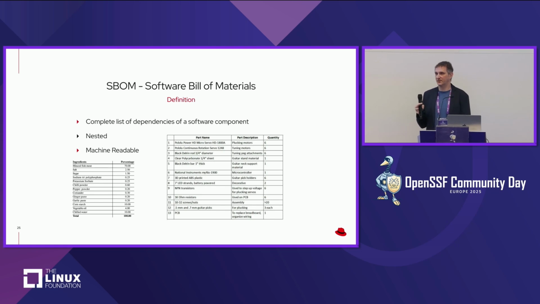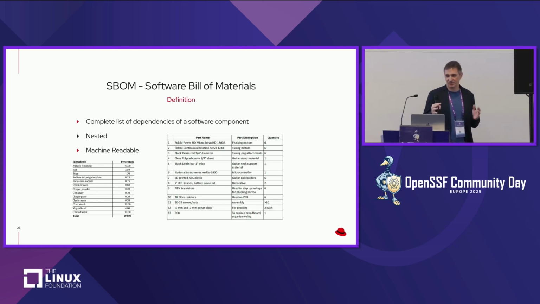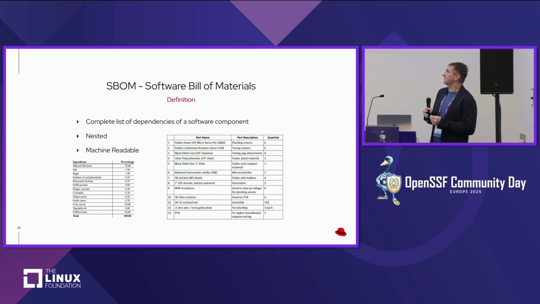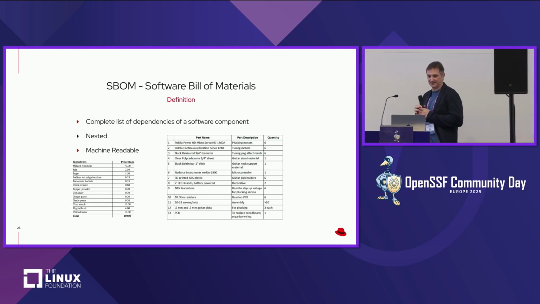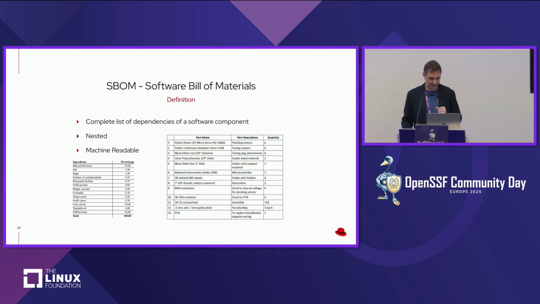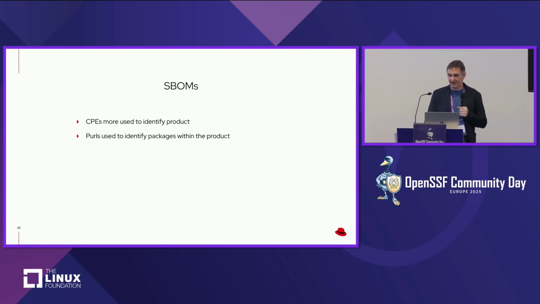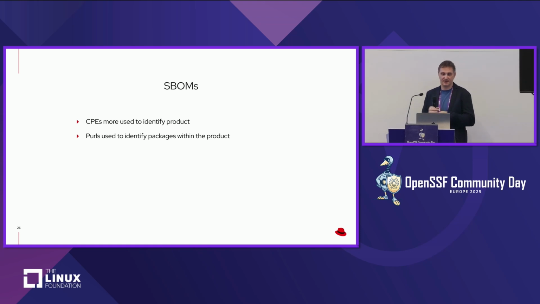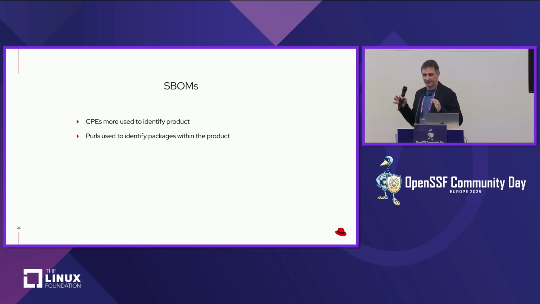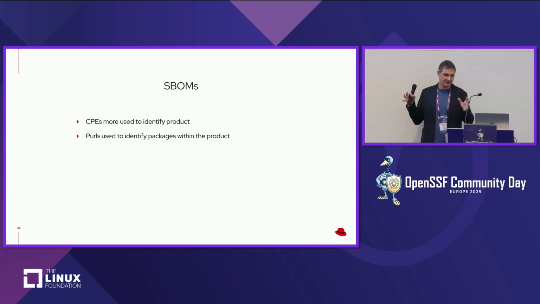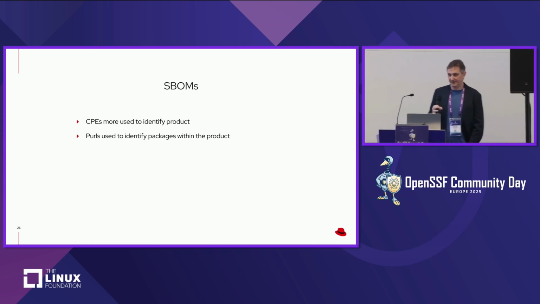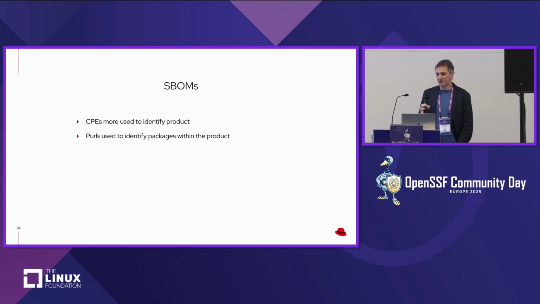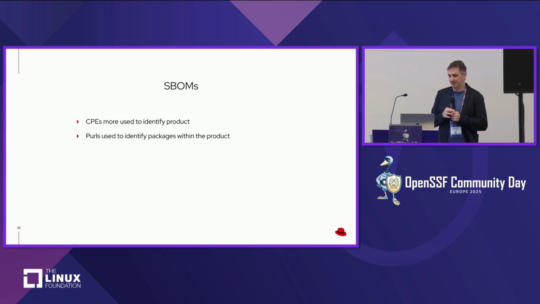I'm sure most of you are familiar with SBOMs, but it's just the idea to have a machine-readable format that we can specify all the dependencies that one software product contains, right? And in that context, as I said, CPEs are more used to define the product as a whole, and then we have PURLs being able to define all the packages, open source packages used by this particular product.